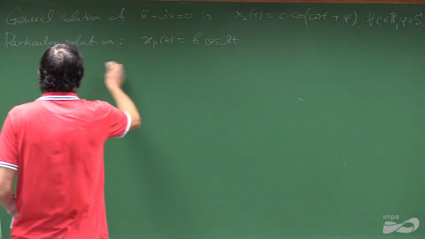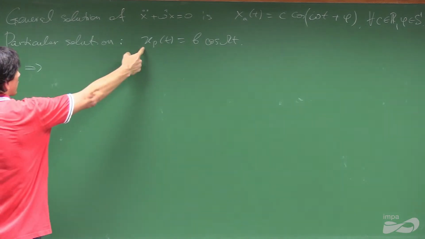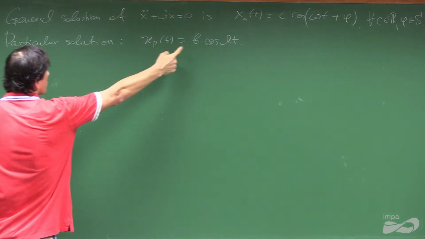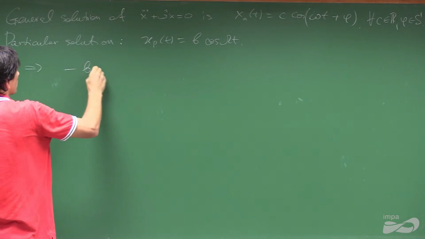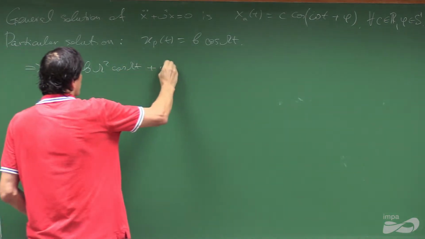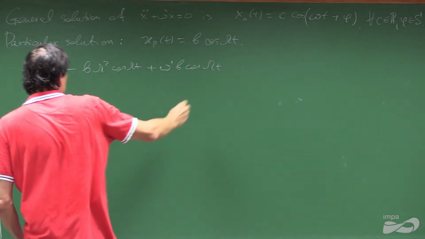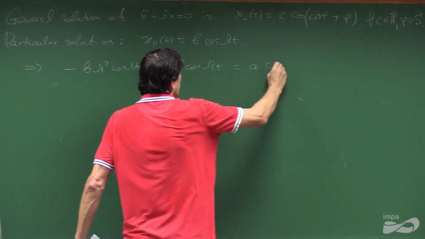So when you substitute into the equation, the second derivative will be minus b omega squared cosine omega t. Then it will be plus omega squared b cosine omega t. So that's the left-hand side of this equation, and the right-hand side is a cosine omega t.